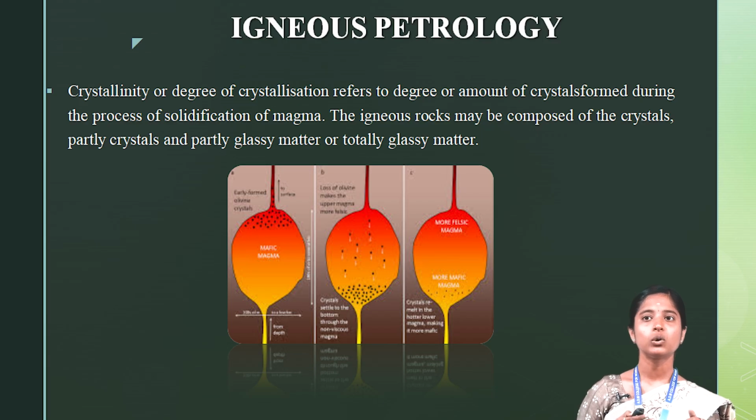The prefix holo implies entirely or wholly composed of well-defined crystal faces of constituent minerals in the rock. Example: orthoclase in a granite. In the granite rock, orthoclase grains are wholly present, so they are holocrystalline.